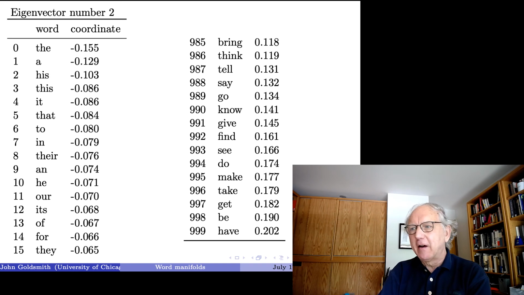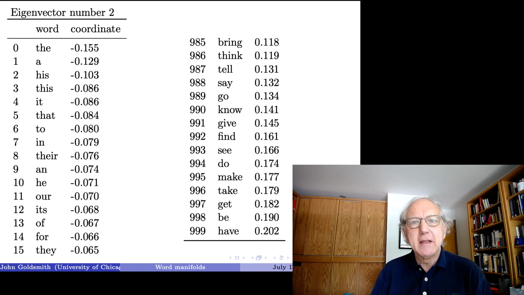Okay, looking at the other end, we have be, get, take, may, do, see, find, give, know, go, say, tell, think, bring. What do we see? These are all the null forms, the null suffix forms of verbs. These are all verb stems. They become verbs by adding a null suffix.